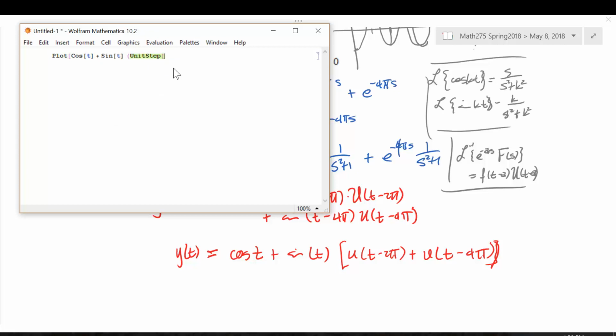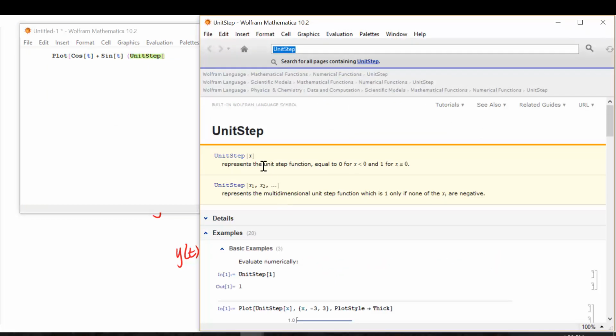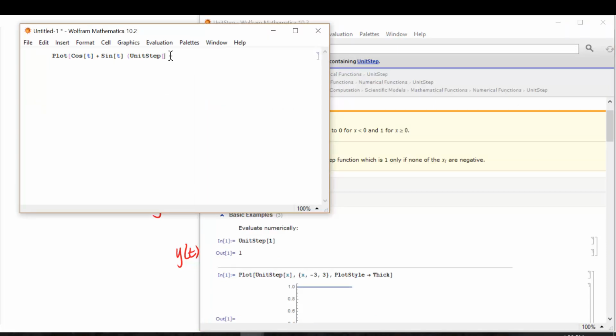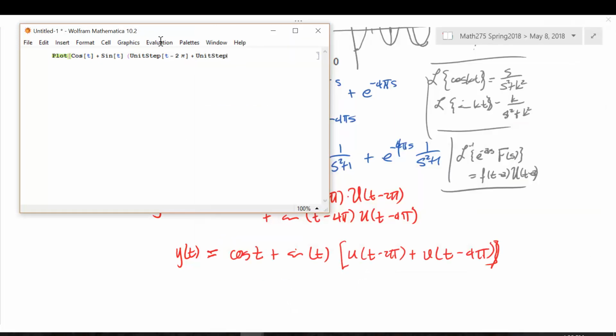What goes in a unit step? Yeah, so unit step t minus 2 pi plus unit step t minus 4 pi.